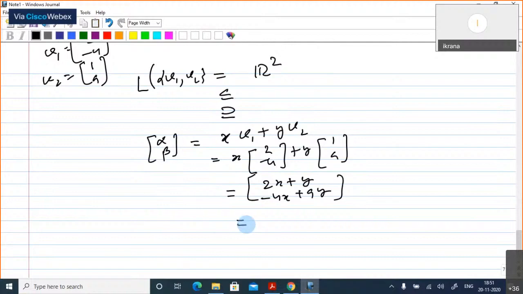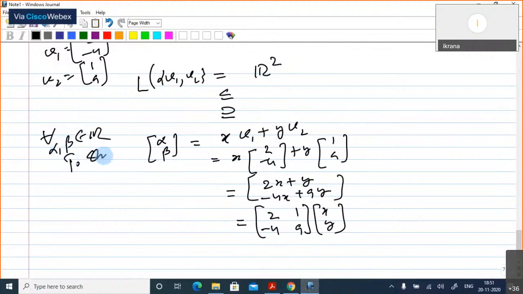Okay, so let me write this as the matrix with rows (2, 1) and (-4, 9) times (x, y). So for every (alpha, beta) belonging to R2, we have to show that there exist x and y.